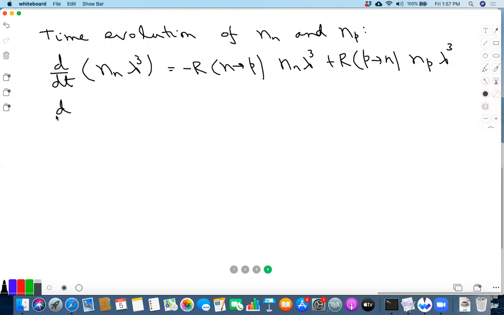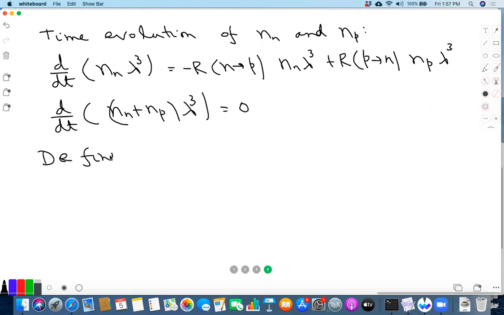Now we also have this conservation law, the baryon number conservation, d dt of (Nn plus Np) times lambda cube equal to 0. So what we are going to do now is to define xn as the fraction that is neutron. So xn is Nn over Nn plus Np, and 1 minus xn will be Np over Nn plus Np.